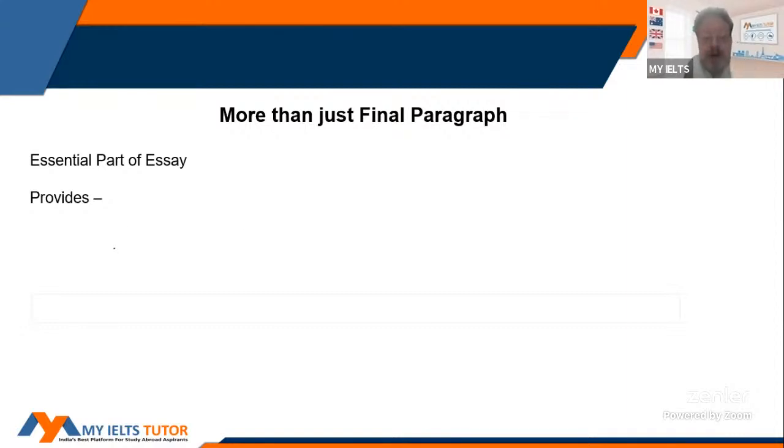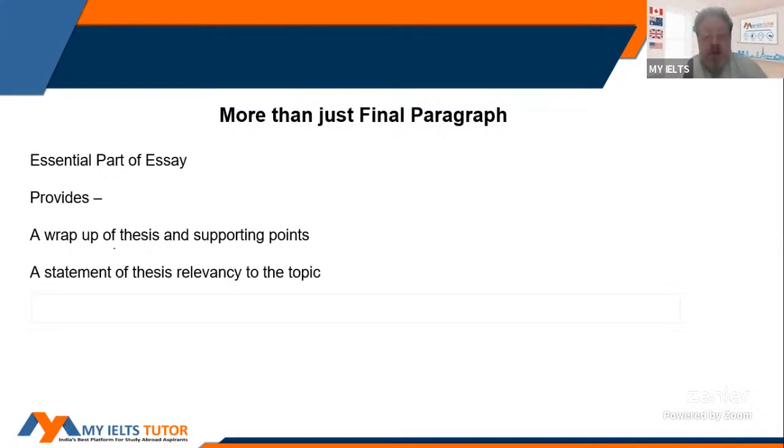Basically, a wrap-up of your thesis, which is your opinion about the topic, and your supporting points, the points that you have to support your ideas.